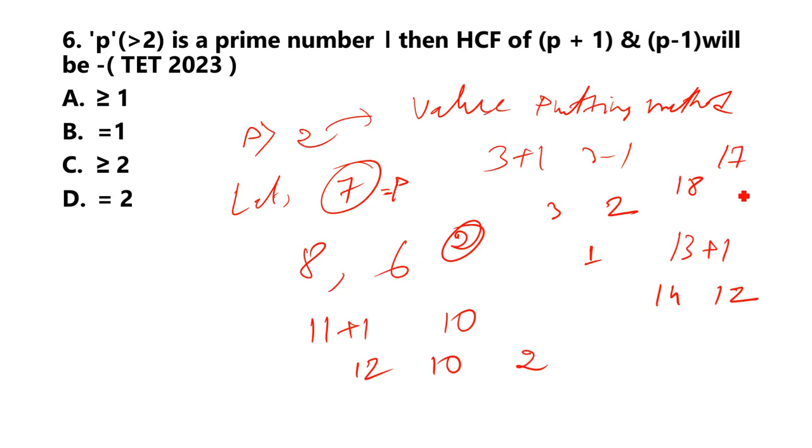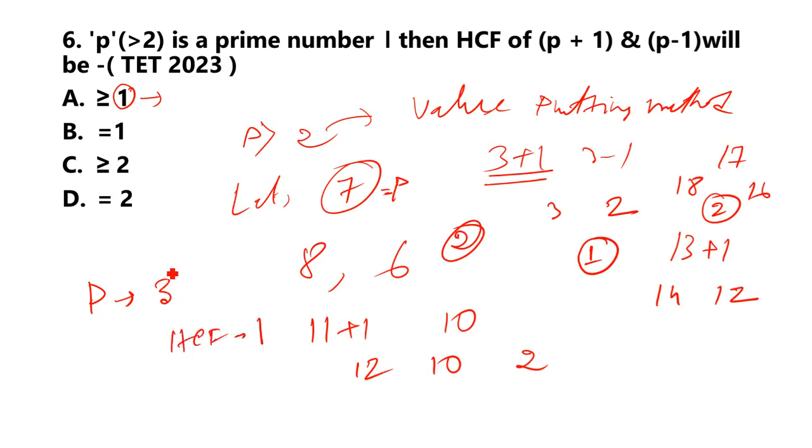I have 2. That means it can also be 1 or 2. Of course, if we put P equal to 3, the HCF will be 1. But if we put any other prime number other than 3, we'll have the HCF as 2. That means it will be greater than or equal to 1, because we also have 1 as an answer, right? So I hope you understand the whole scenario here.